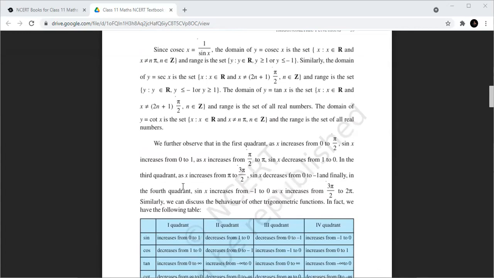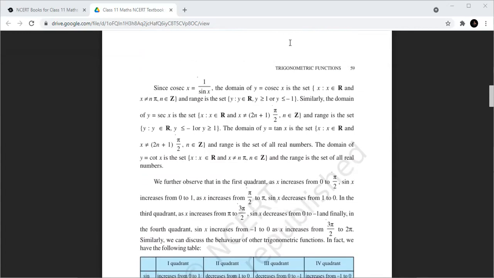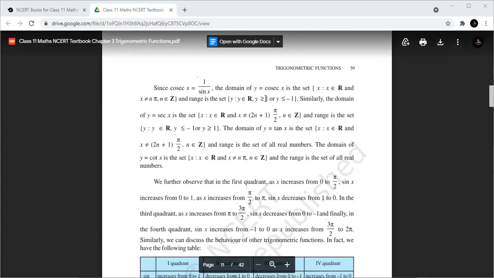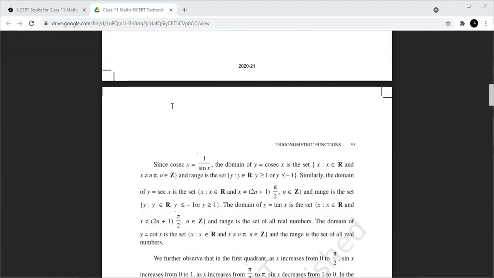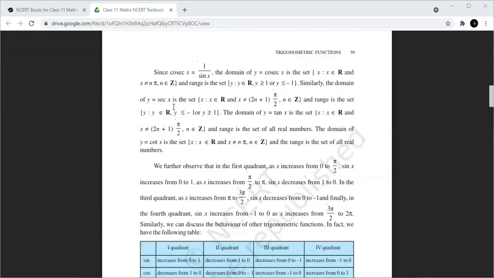And for the tan function, it goes up to infinity, so that is also all real numbers. All right, that way only, sine 90 is not defined, so that we have to keep in mind.